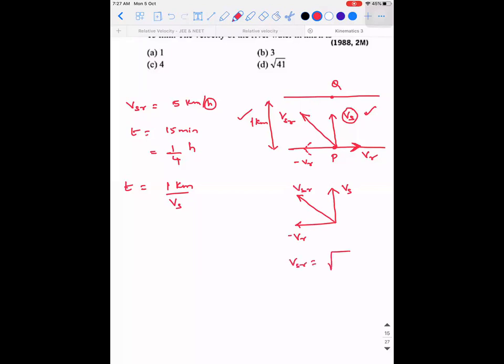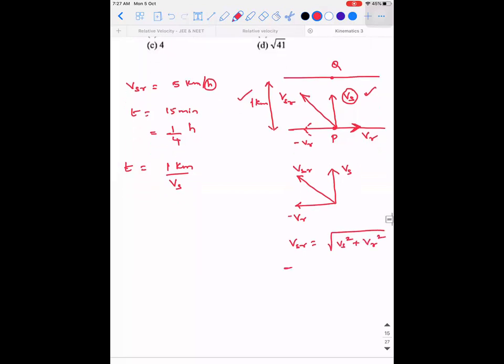VSR is equal to root of Vs square plus VR square. Guys, I need some response. Am I clear or not? VSR square is equal to Vs square plus VR square. What are they asking? VR, no. So Vs will be equal to root of VSR square minus VR square.